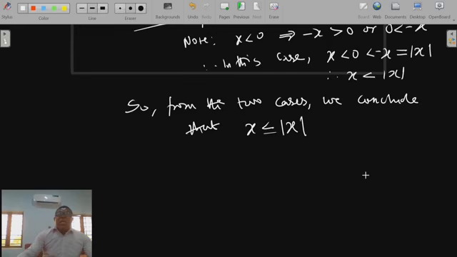That's it. Then another property of the absolute value function, I'll put this as proposition 2, but I will not justify proposition 2.